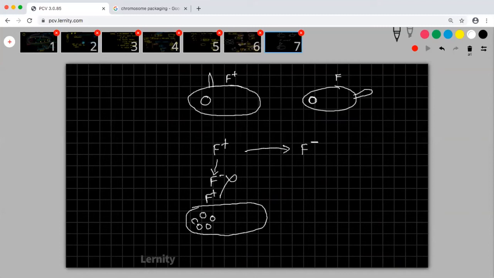Plasmids can replicate, plasmids can multiply. One of the copies only will go from here to here. So this F plus bacteria need not convert only one F minus. It can convert hundreds or thousands of bacteria through conjugation.